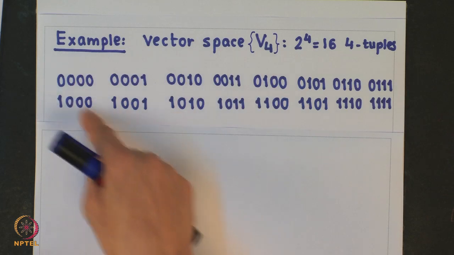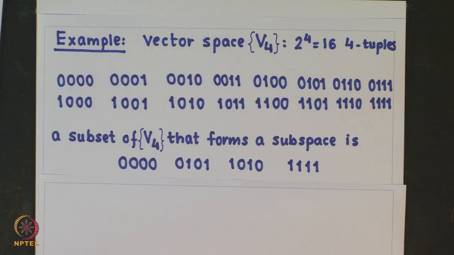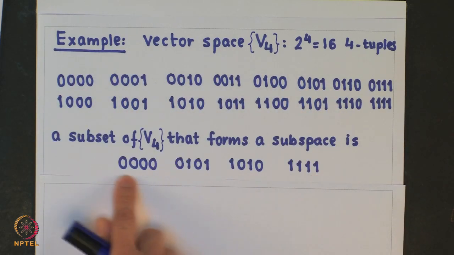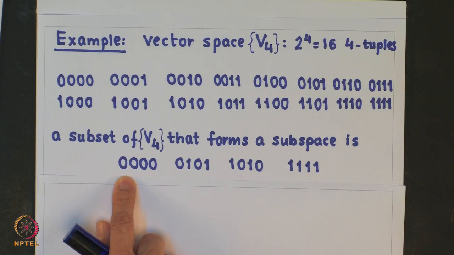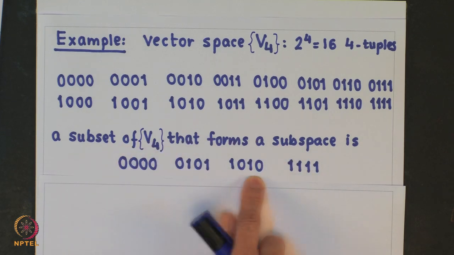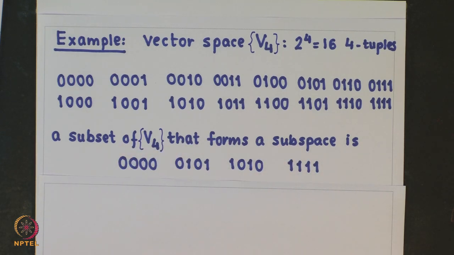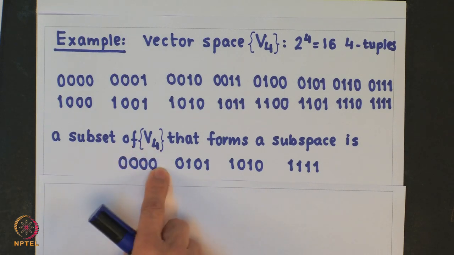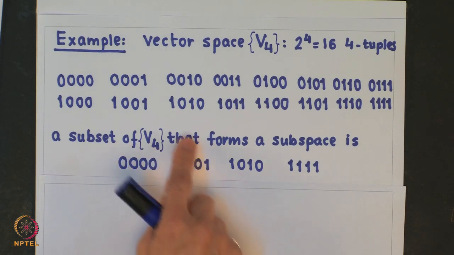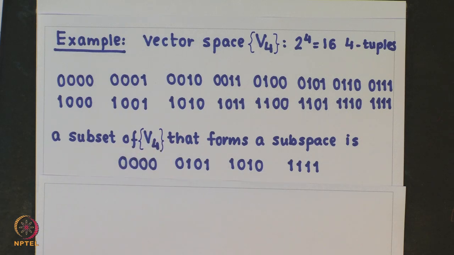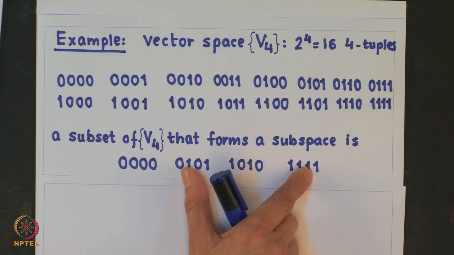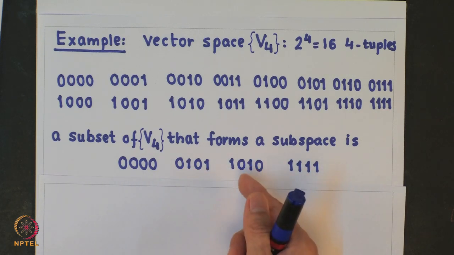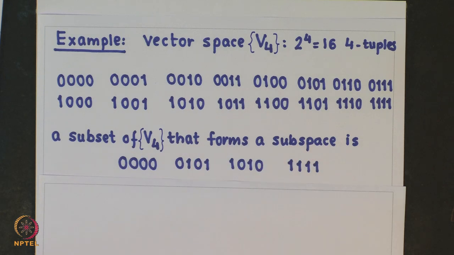Now, a subspace of this is chosen by these vectors, and it is easy to verify that these 4 vectors satisfy the definition of subspace. First of all, the 0 vector is included in this subset of V4, and next, if we take the summation of any two vectors, we will get a vector which lies in the subspace.